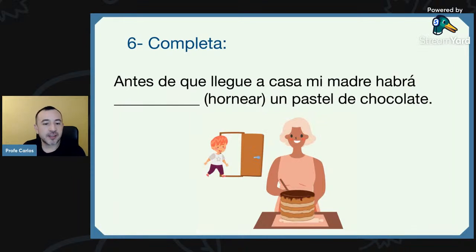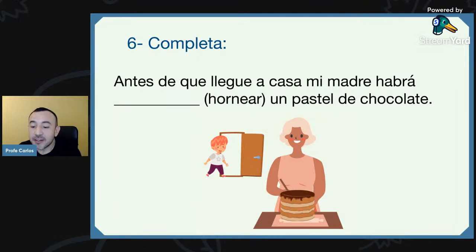Completa. Antes de que llegue a casa, mi madre habrá un pastel de chocolate. Hornear, remember that H is silent. So we're going with the verb hornear, which means to bake.